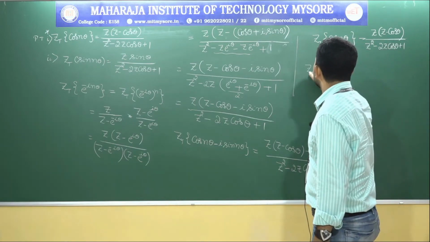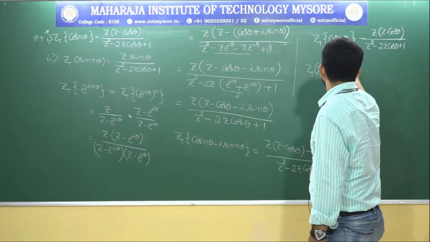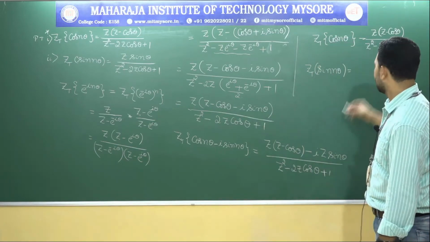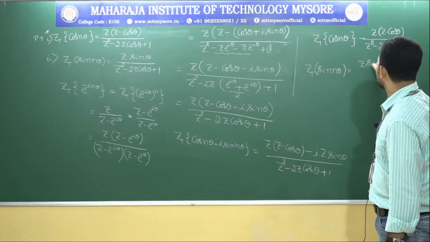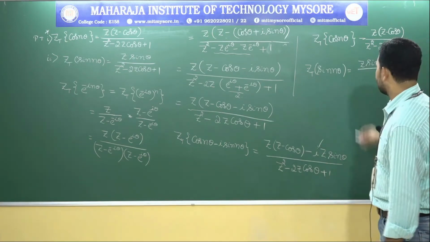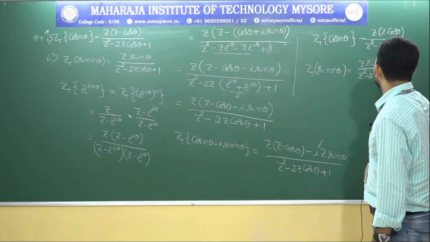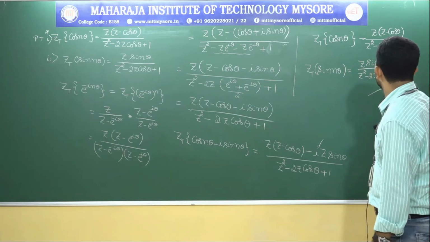Similarly, the z transformation of sin n theta equals the imaginary term: z sin theta divided by z square minus 2z cos theta plus 1.